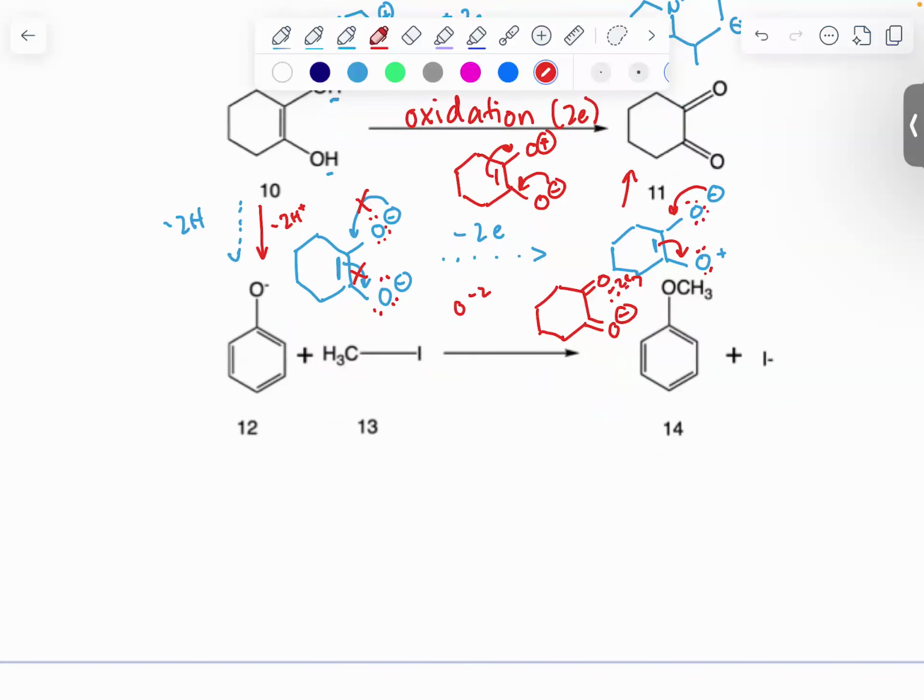So with this one, what's happening here? Is that an oxidation or a reduction? No. So it's neither. Questions on this one?